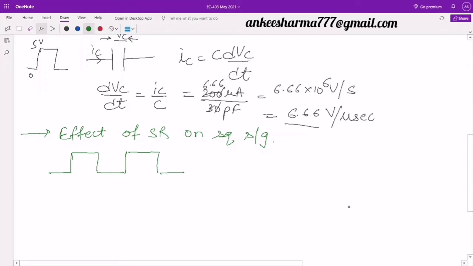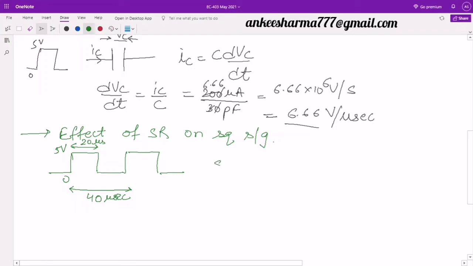Let us assume amplitude of again 5 volt. This total duration is 40 microsecond, for example, and I take this to be equal duty cycle of 50%, so it will be 20 microsecond, right? So this is my square signal.